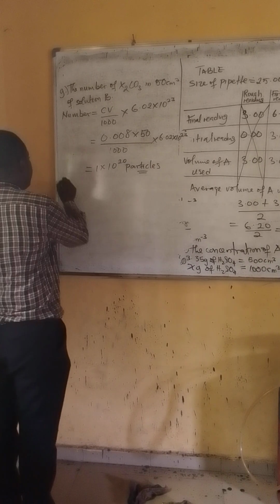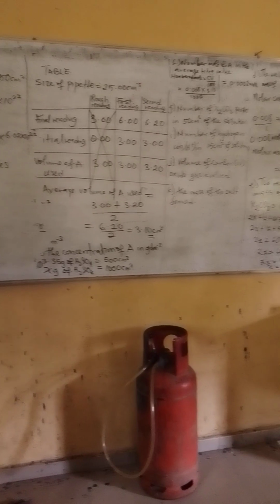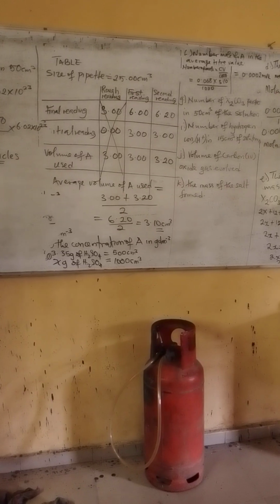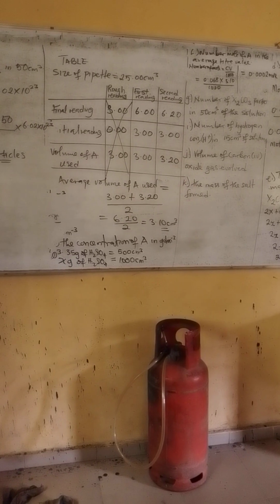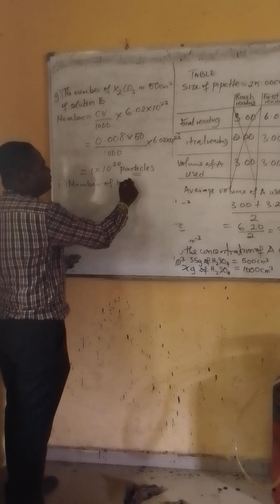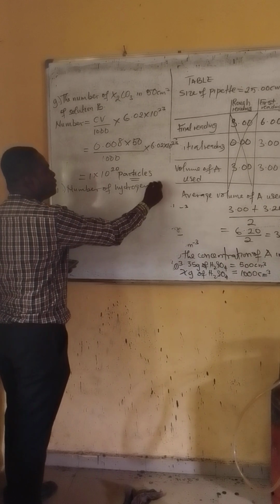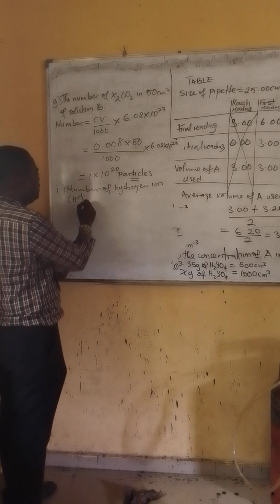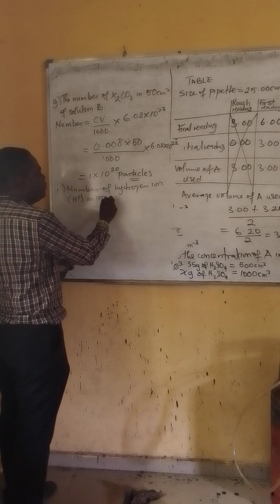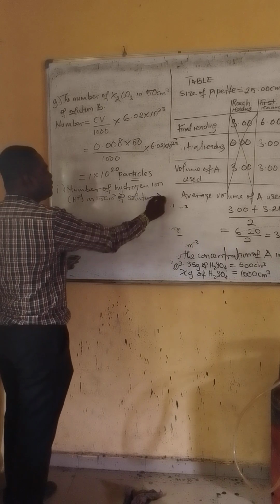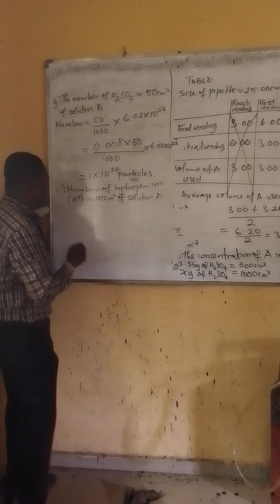So then H, he said we should look for, is I. So we should find the number of hydrogen ion, which is H plus, in 15 cm cube of solution A. Anything number is number of mole.